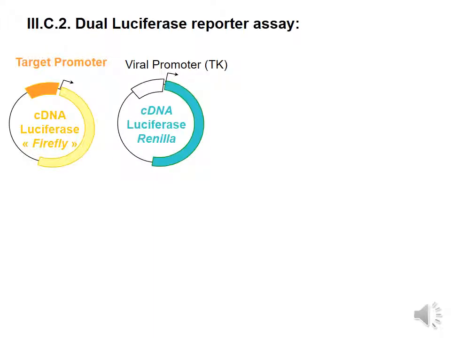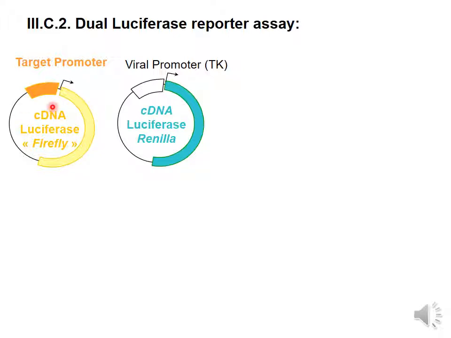So the dual luciferase reporter assay system provides an efficient means of performing dual reporter assays. In this dual luciferase reporter assay, the activities of firefly and Renilla luciferases are measured sequentially from a single sample.